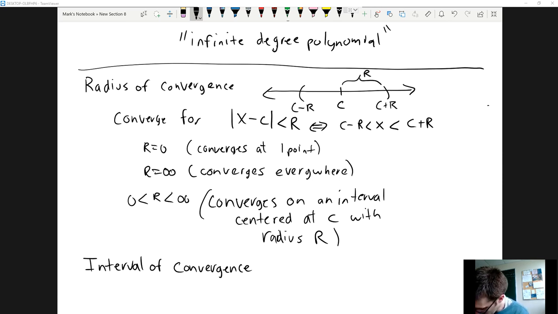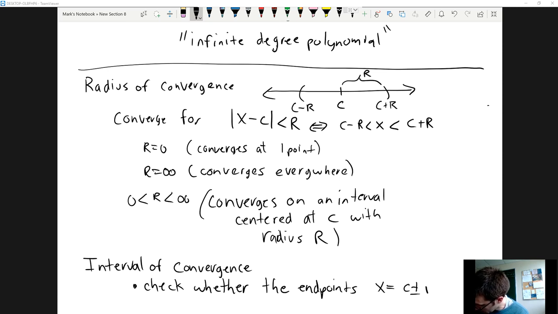So that involves checking whether the endpoints, which are x equals c plus or minus r, lead to convergence.